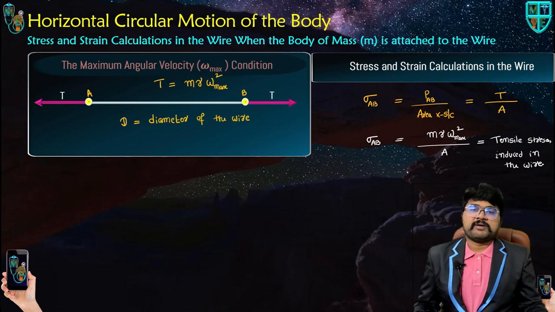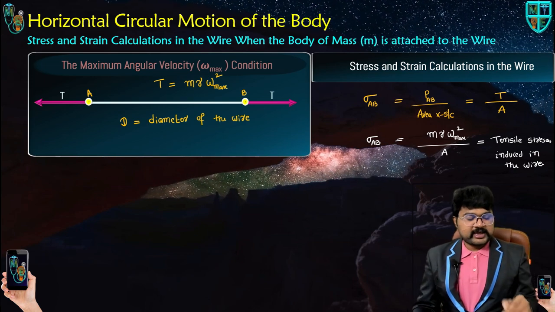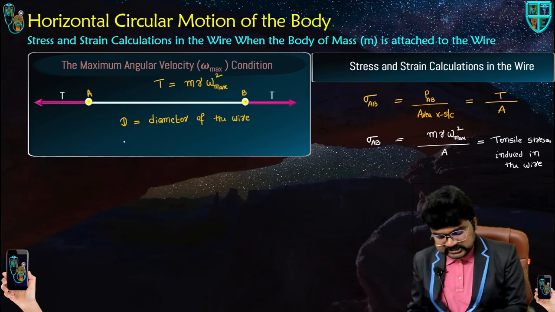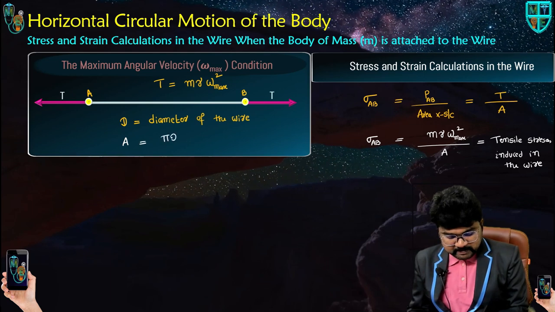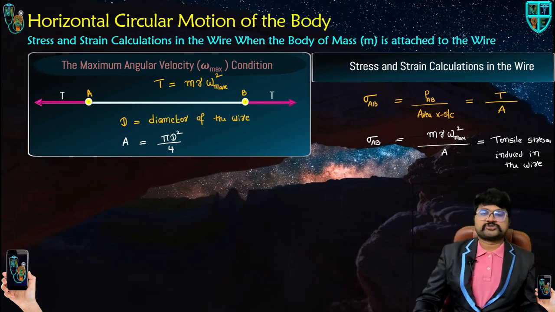Sigma AB equals m R omega maximum square by A. Omega maximum is the maximum angular velocity of the body. A is nothing but the circular cross section of the wire, pi d square by 4. If you are interested, you can substitute.